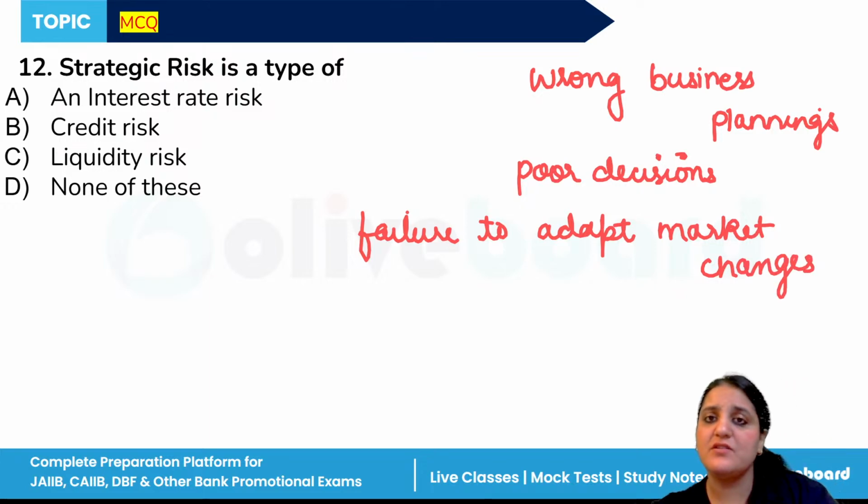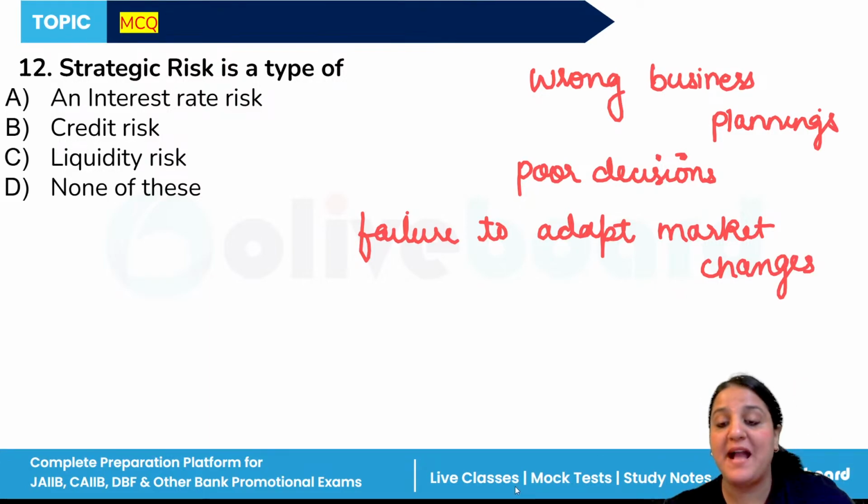Strategic risk is completely related to the bank, how they take decisions for their bank, right? So it is completely related to wrong business decisions. Suppose a bank launches a product that failed to attract customers. So losses due to such decisions are called strategic risk.